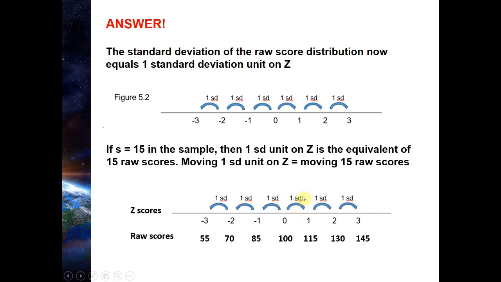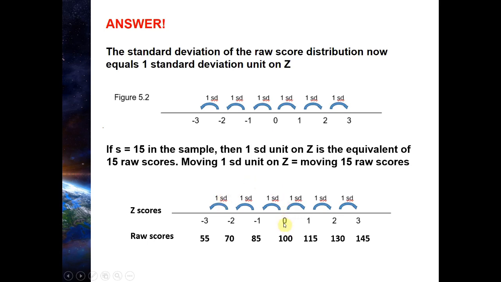Remember the rule? 1 standard deviation unit is whatever S is in your sample or population, but I'm working with a sample here. So it's 15 raw score units. So this 1 standard deviation unit is worth 15 raw scores. This one is another 15 raw scores, and another 15. Each one of these units is 15 raw scores.